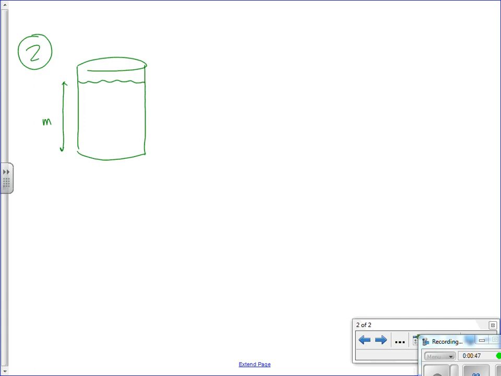Point X is 2 meters from the bottom, and point Y is 4 meters from the bottom. We want the ratio Px over Py is 3 over 2, and we want to know what m is.